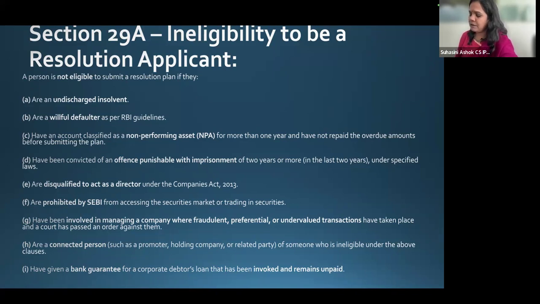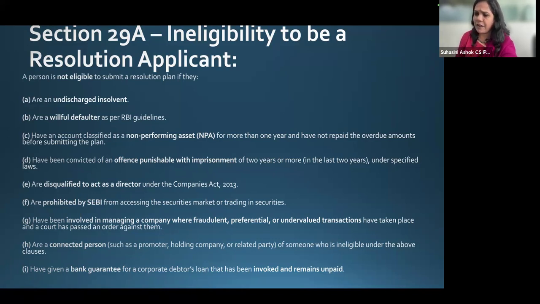There was no specific criteria disqualifying people from submitting an EOI. This led to a trend in the market where promoters who had defaulted on loans were attempting to regain control of the same assets.